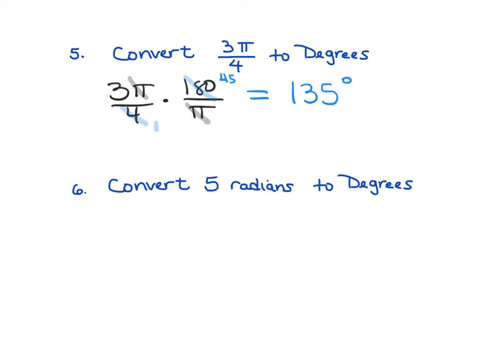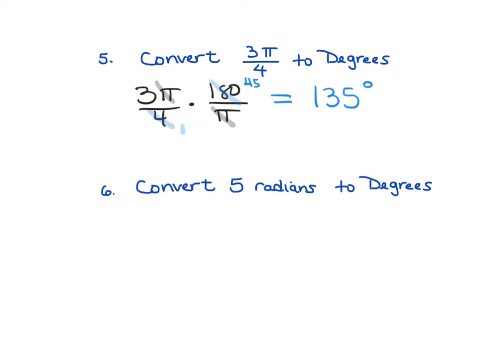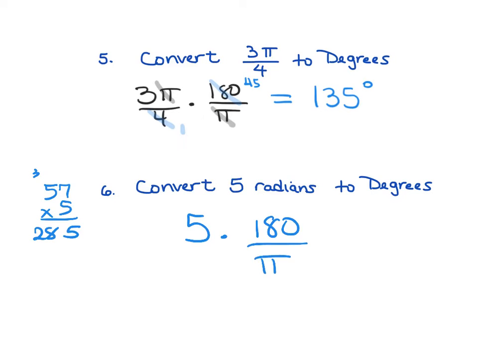So if you want to just estimate your answer, you could just quickly multiply 57 times 5, see that you get 285, but what we're really going to have to do here is multiply 5 radians times 180 over pi.